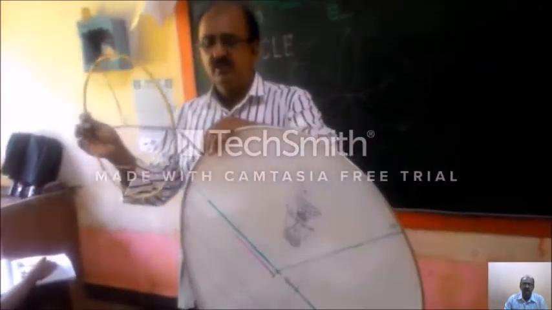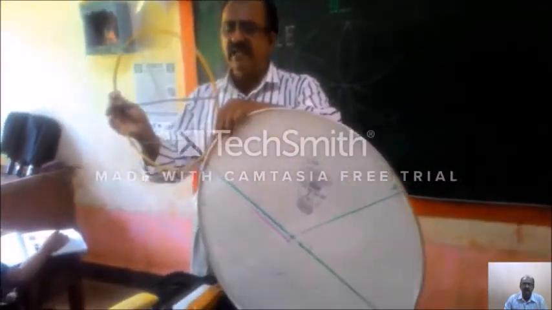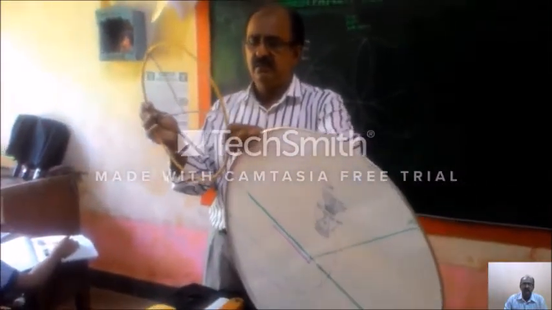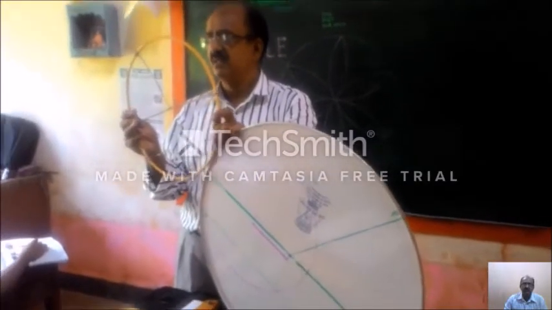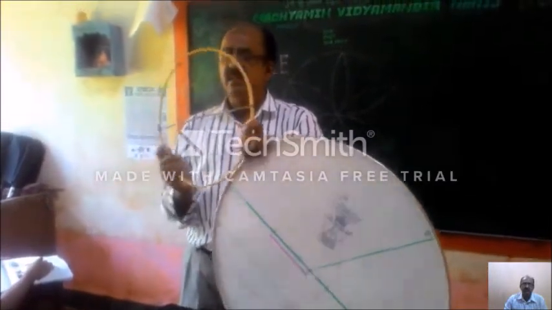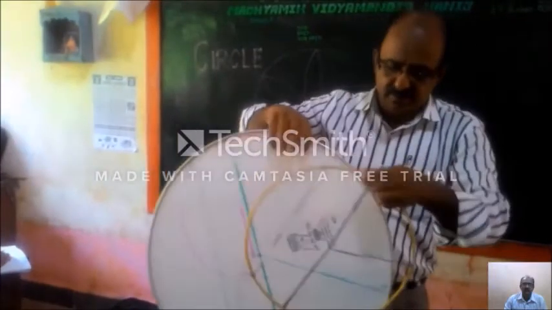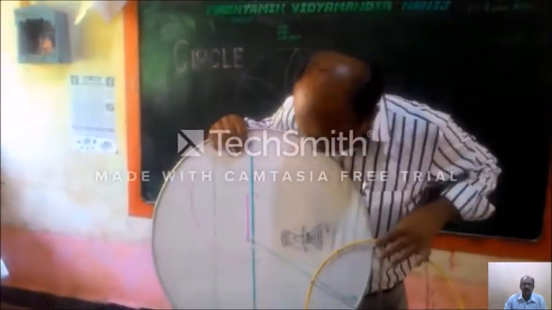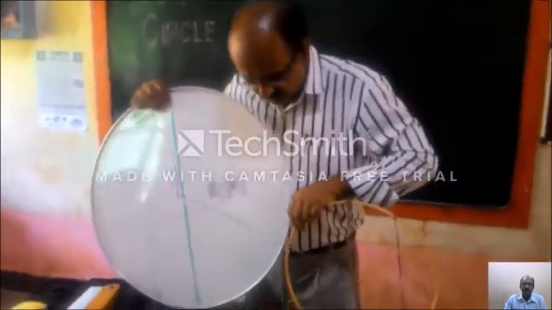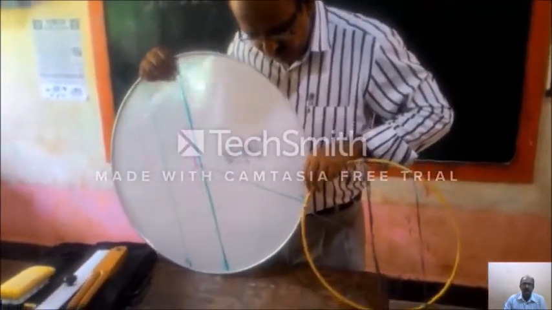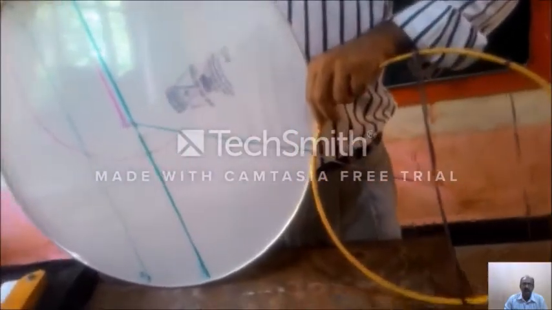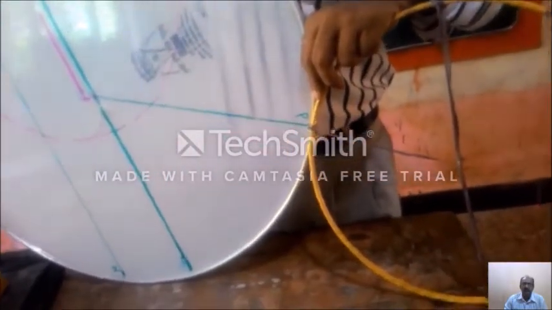If we take two circles which are touching one another, that is touching circles. Here we see the radius of the first circle and the radius of the second circle. The two circles touching one another.